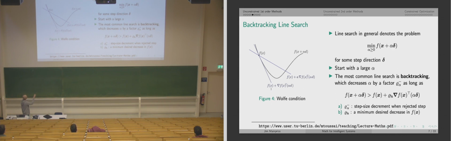The idea is that we decrease alpha, so then we're here, it's still bigger. We decrease alpha, still bigger. We decrease alpha, still bigger. And then eventually we end up here, and we accept the update. So that's the idea of the Wolfe condition. What that coefficient actually is, is a minimum desired decrease for f.